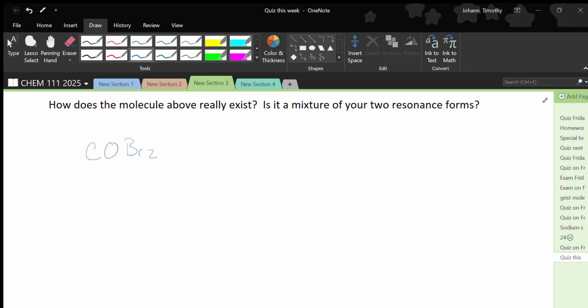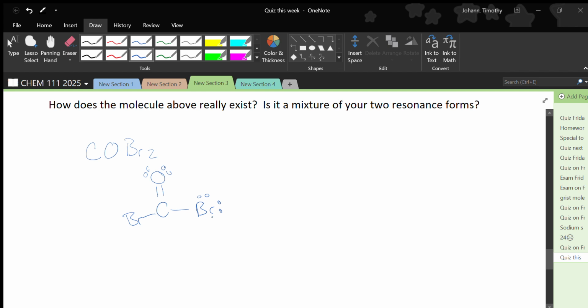Okay, let's go ahead and look at these. There are two obvious resonance forms. I don't know if I can draw any more that are good off the top of my head. I'm going to say no. So I could do this for one of my forms, and I could do this for one of my forms.